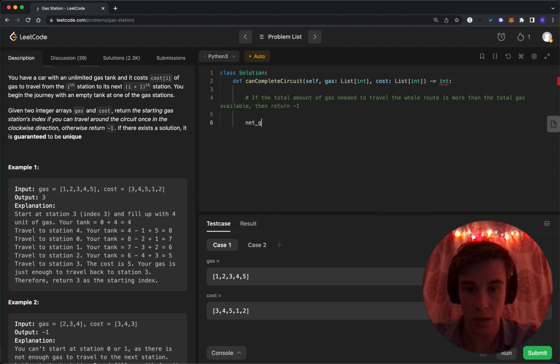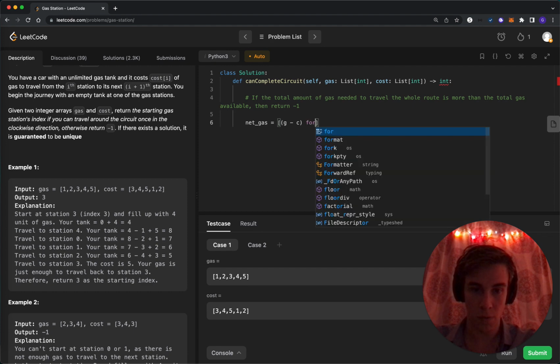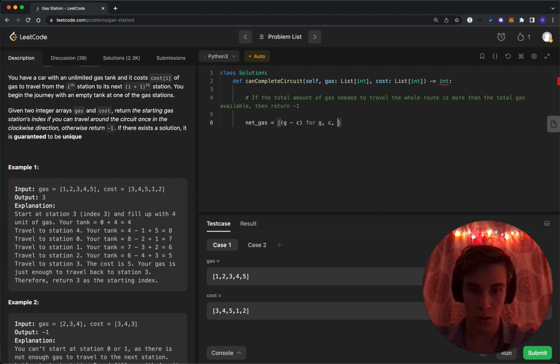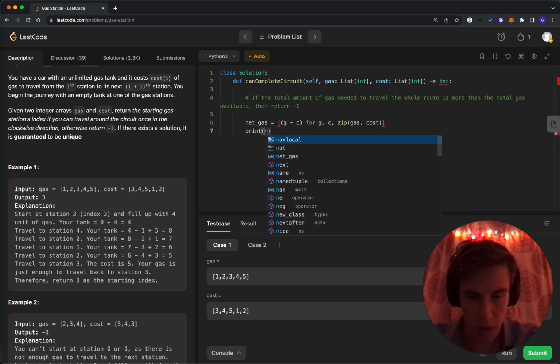Okay, so the net gas is probably just going to be, let's see, gas minus cost for gas, cost in zip, some Python magic. Print net gas.